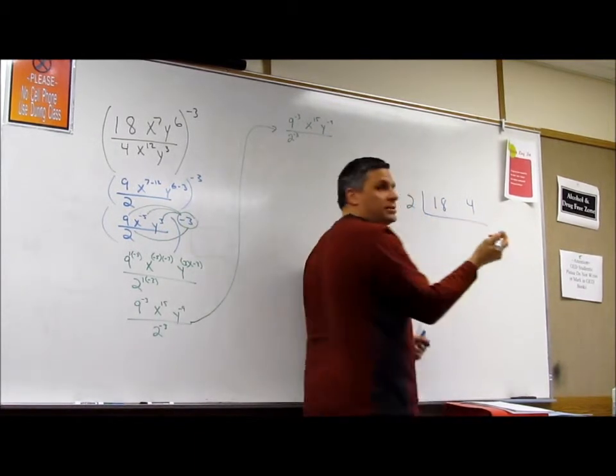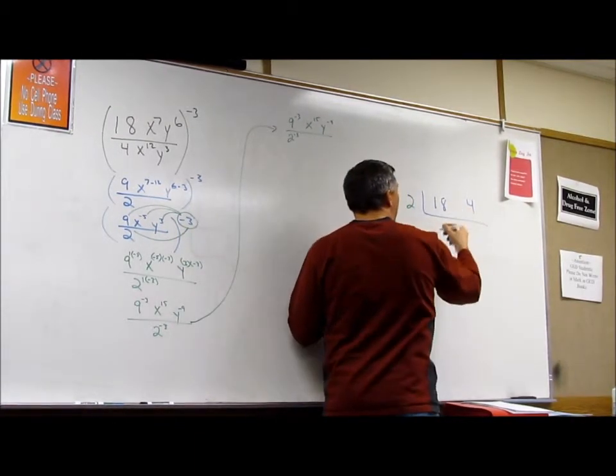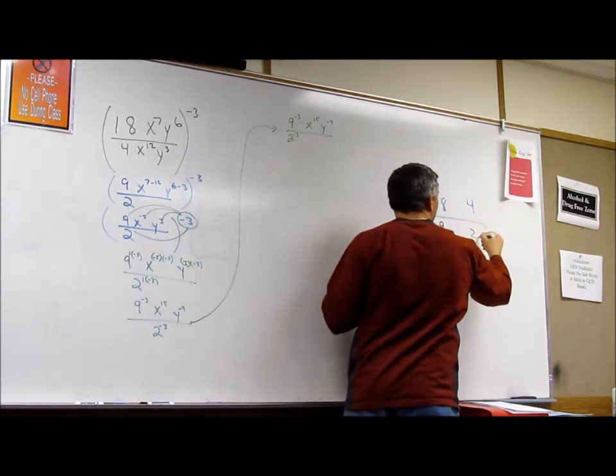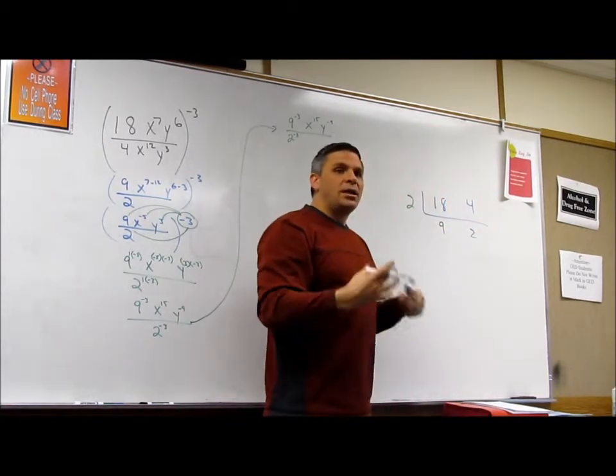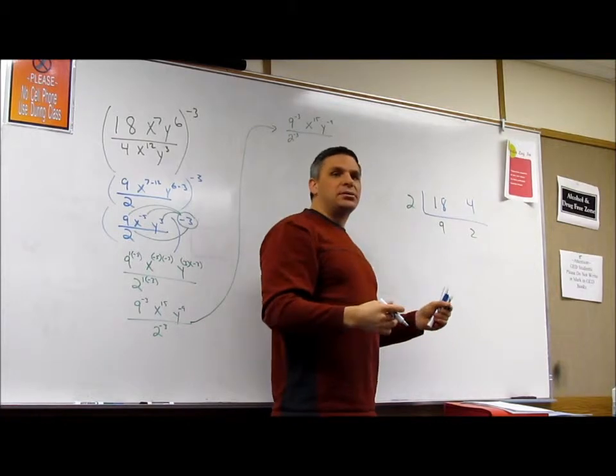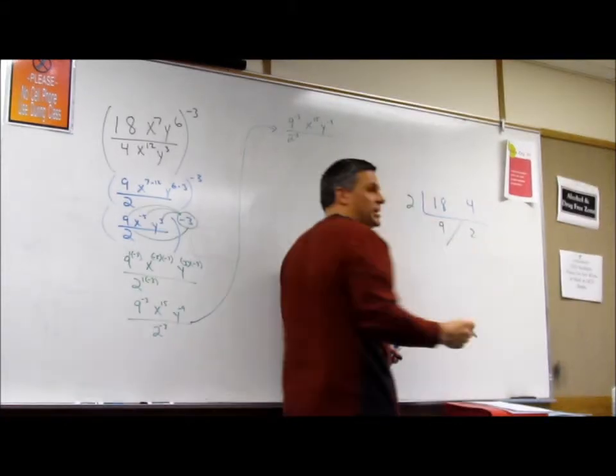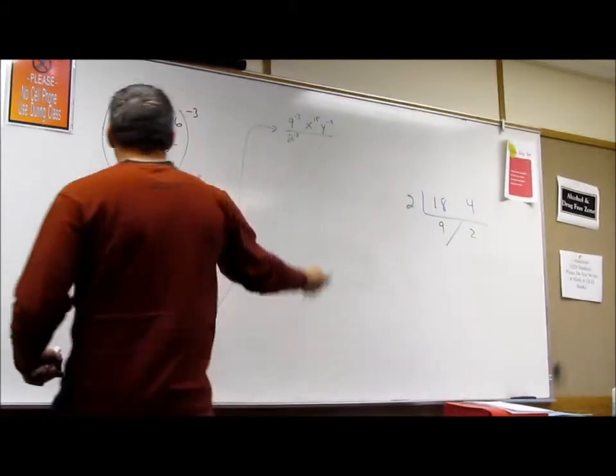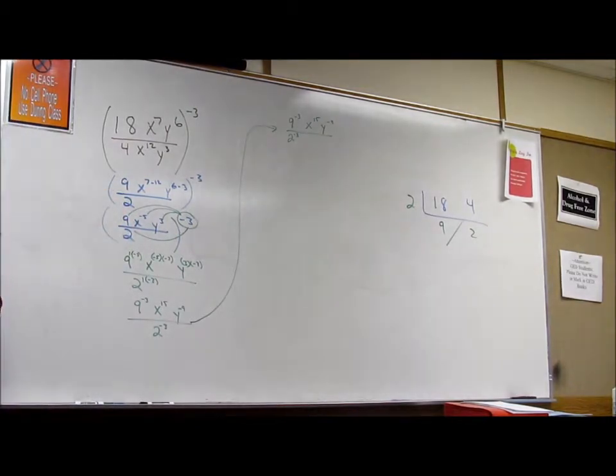And they're both even. So now I've got 9 and 2. And then I see if anything else will go into it. No? That's my fraction. So that lets me come right back to this and plug it in. Does that help? Yeah. And this is being recorded, so that'll be on there tomorrow.